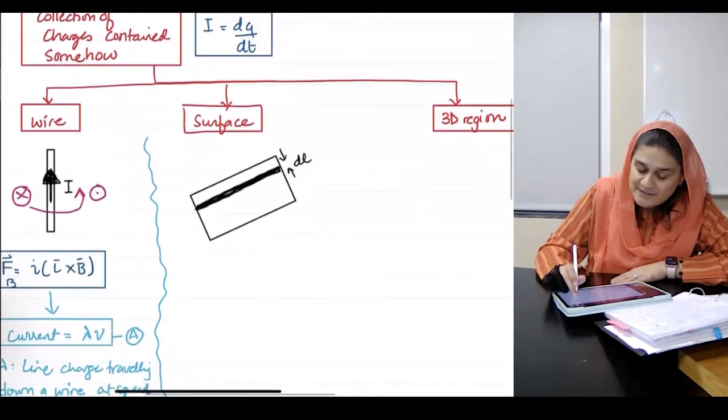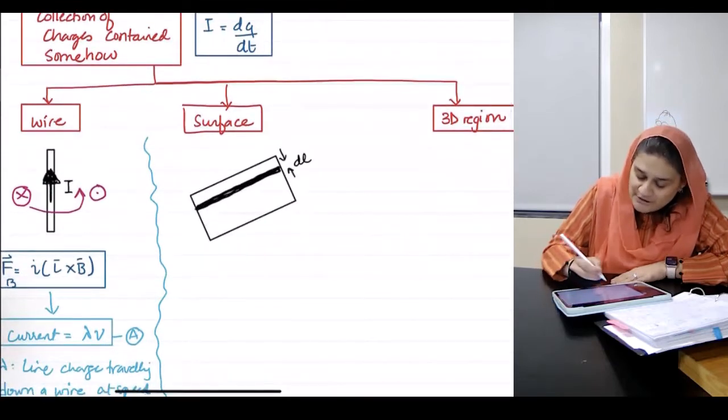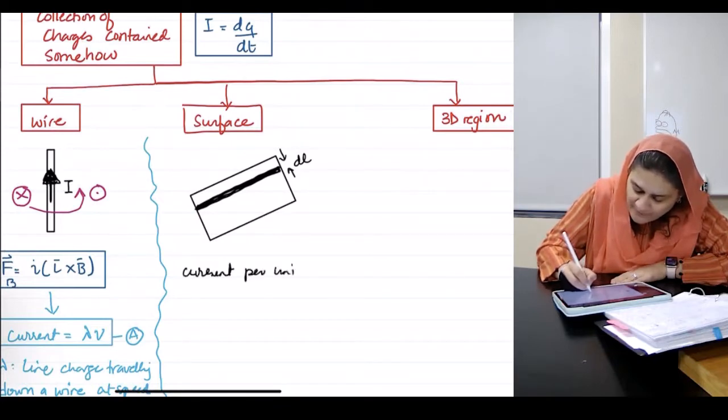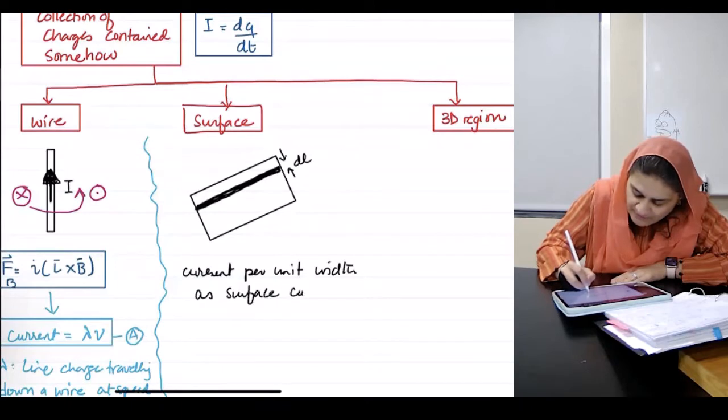Griffiths defines that current per unit width as surface current density.